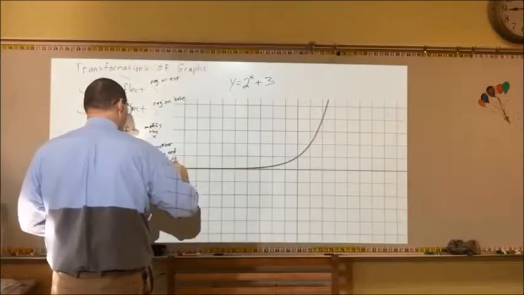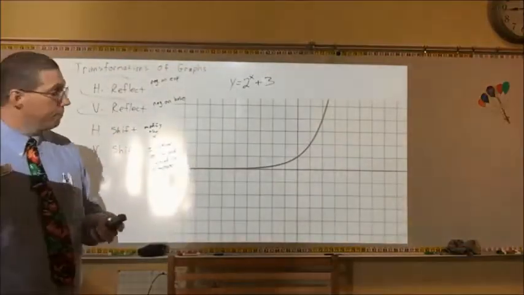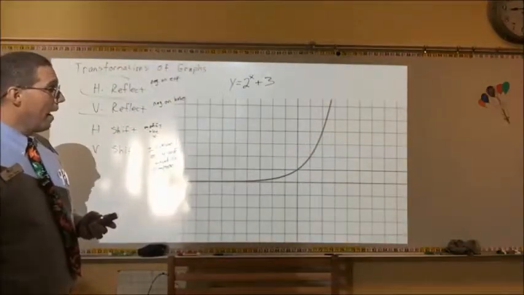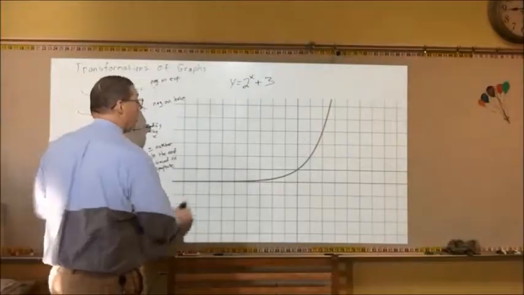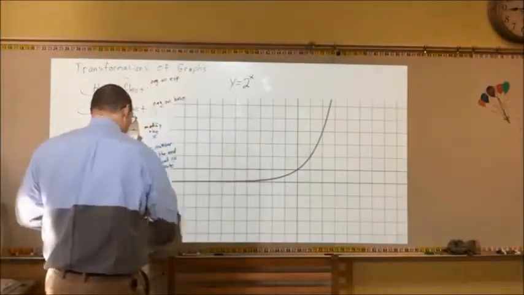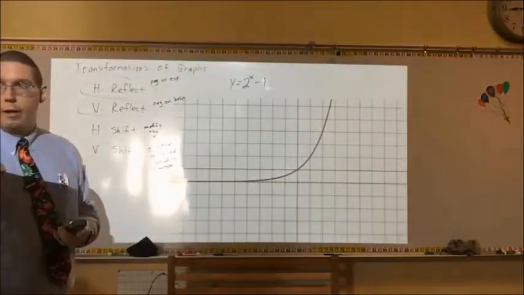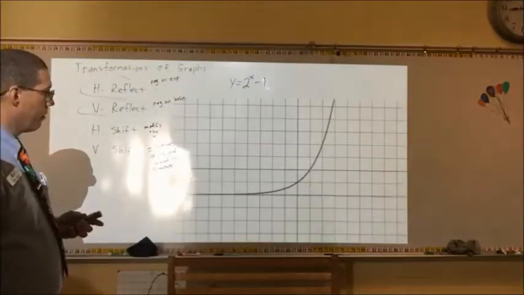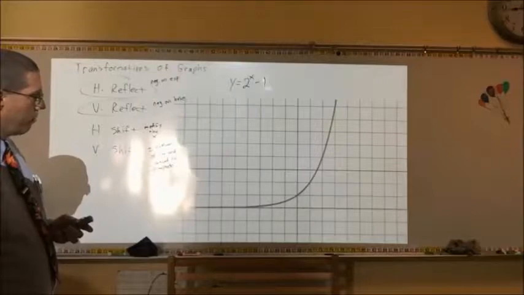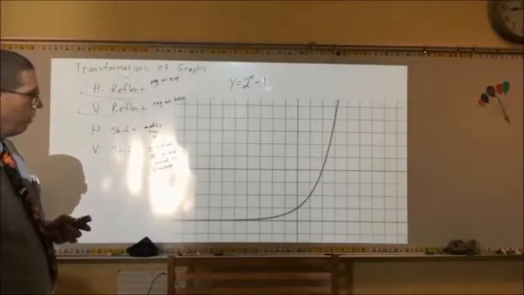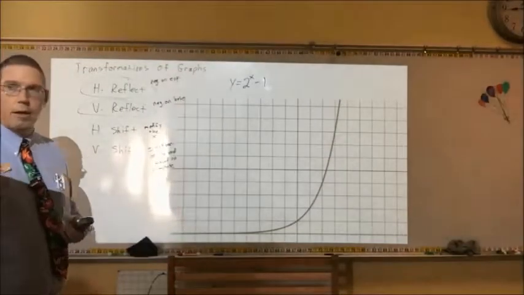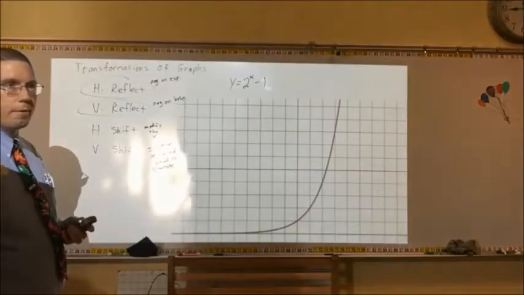So now watch what's going to happen. It just went down 1. So now what would it be? Yeah, we put minus 1 on the end. 2 to the x power minus 1. Minus 2. Minus 3. Minus 4. Minus 5. Okay?